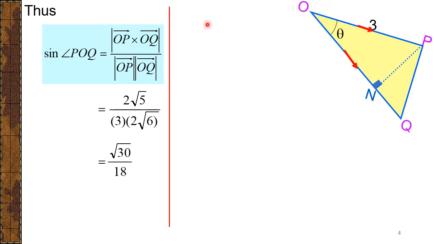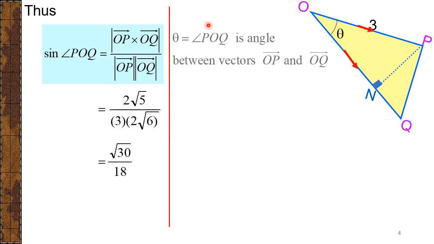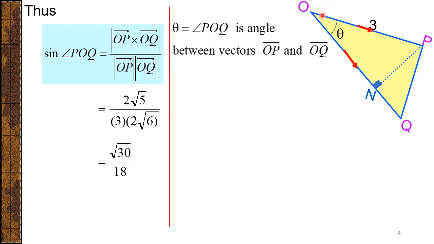So from the angle POQ, remember this angle POQ is actually the angle between vector OP and vector OQ. So this is theta, right? From this angle, we know the size of OP is 3, that is the magnitude 3, and OQ is 2 times root 6.